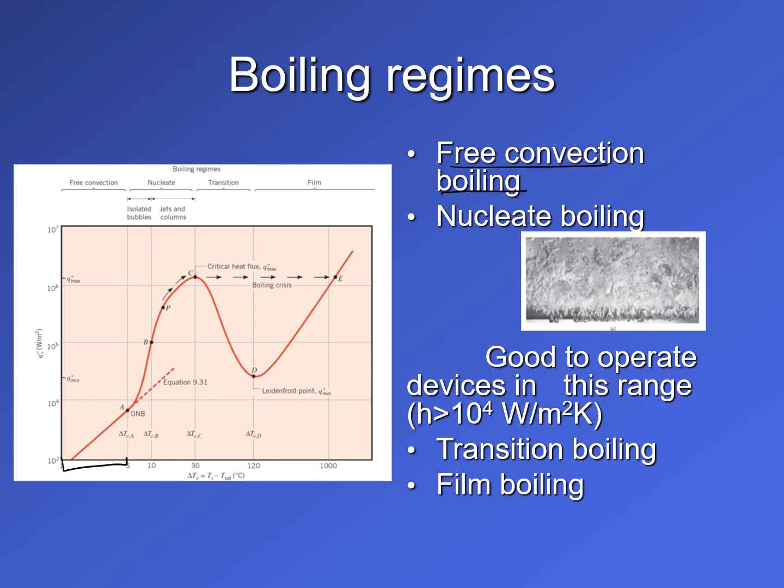So beyond a delta T excess of 5 degrees centigrade, as I mentioned earlier, we have an onset of nucleate boiling. Lots of bubbles start to nucleate on the surface. Well, I should draw it here. On the surface that you have, bubbles start to nucleate beyond this point A, and when the bubbles nucleate, they rise up because of buoyancy.